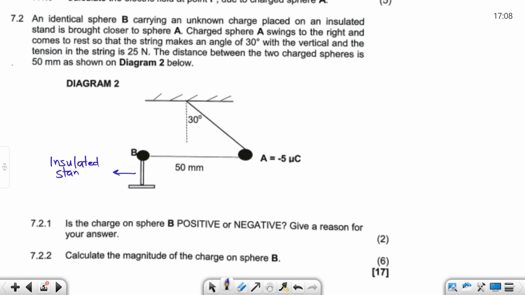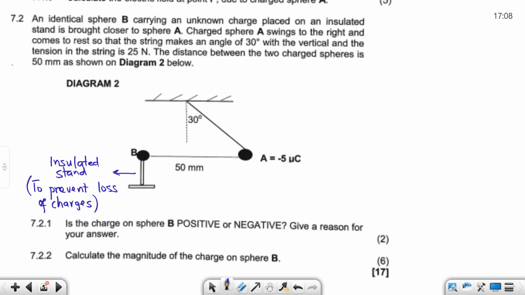Why is it placed on an insulated stand? To prevent loss of charges, because an insulated stand means it doesn't conduct electricity. So charges are prevented from being lost.